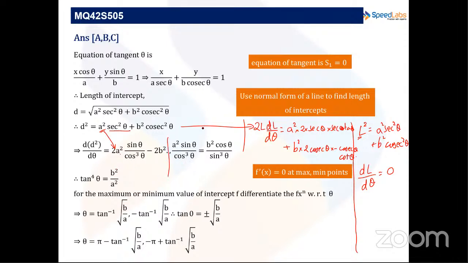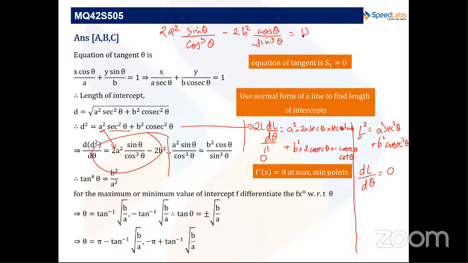Since dL by d theta is 0, we will get 2a square sine theta upon cos cube theta minus 2b square cos theta upon sine cube theta equals 0.